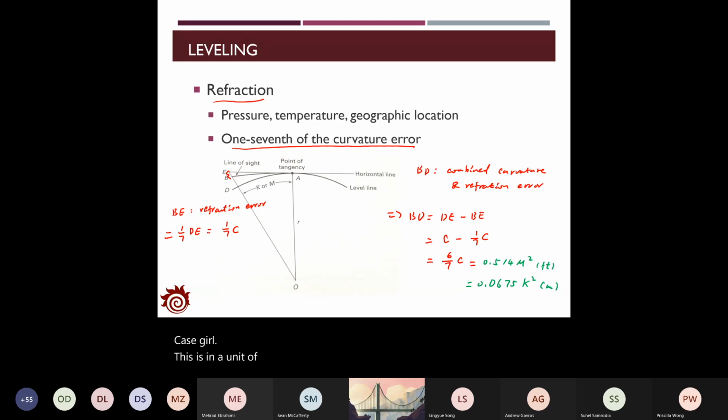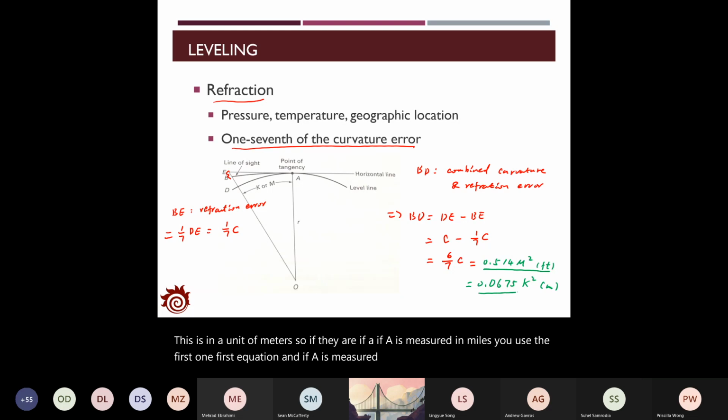So if AE is measured in miles, you use the first equation, and if AE is measured in kilometers, you use the second one, and you get the combined error in the unit of meters. So that's the way for you to find the combined error of the refraction and curvature. Any questions so far?